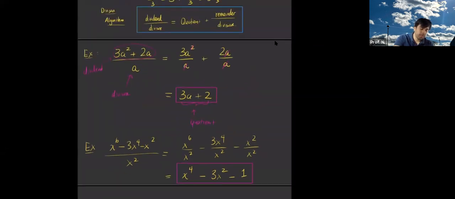Okay, so these are examples of division where the divisor is a monomial. Remember how we talked about multiplication and how we have different cases where we multiply by the monomial and then we just distribute, and then we have binomials, and then trinomials or larger polynomials.